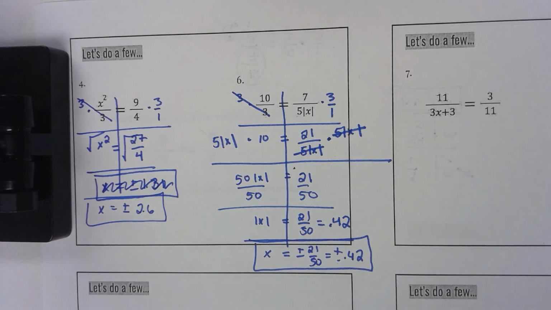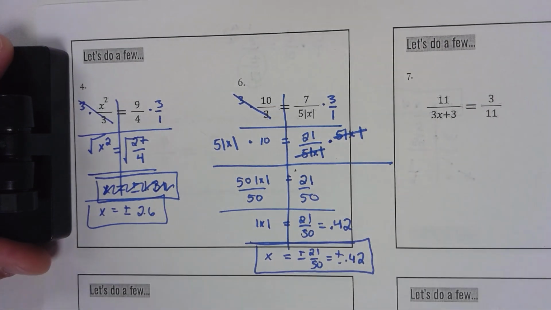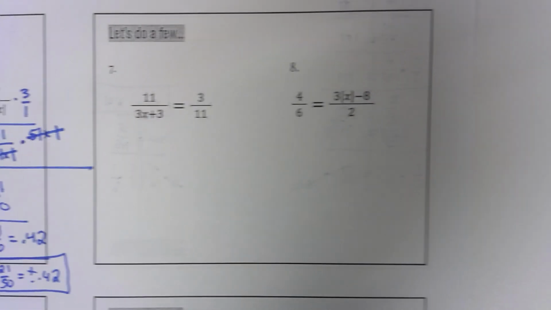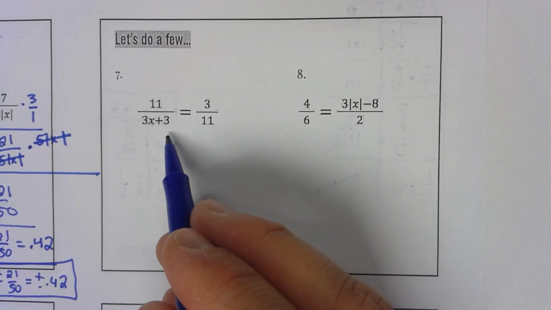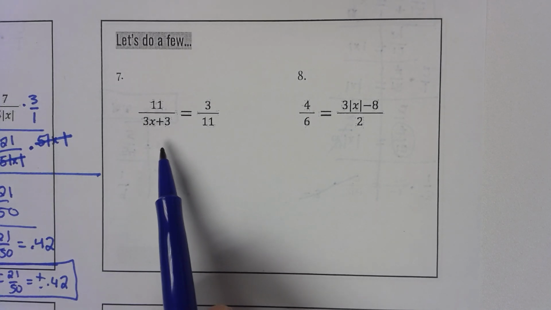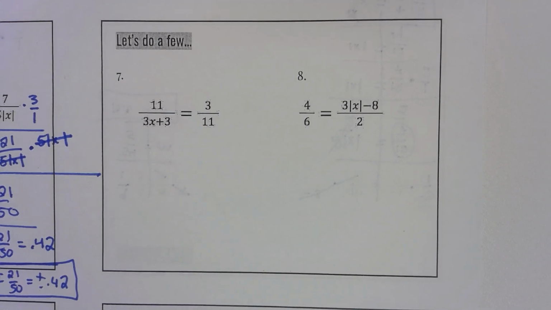All right. Now these next few are a little bit trickier. So I'm going to do 7 and 8, and I'll probably have you all do 9 and 10. But notice that we've got more things going on with our variable now. So again, reading this stuff out loud can be really helpful. I've got 11 divided by 3x plus 3.